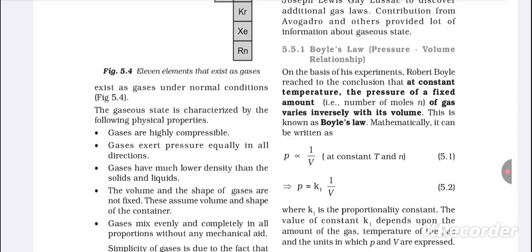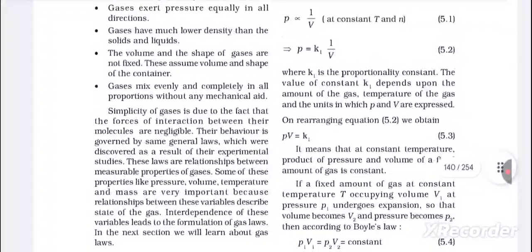Gases are highly compressible. Gases exert pressure equally in all directions. Gases have much lower density than solids and liquids. The volume and the shape of gases are not fixed. These assume the volume and shape of the container. Gases mix evenly and completely in all proportions without any mechanical aid.